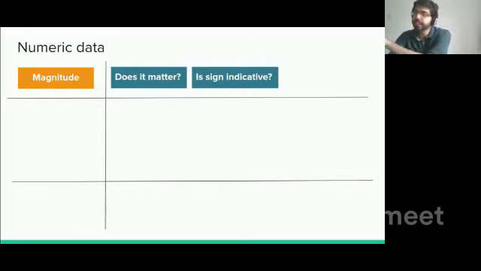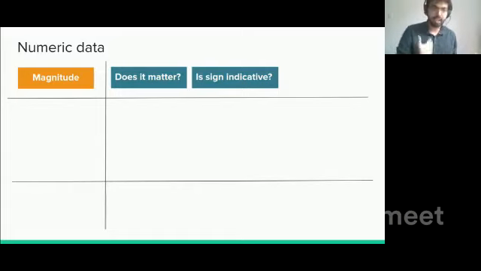It would be in categoric data, but I'm just saying it now because it just came up. So in that case, sign is indicative. Sign is indicative of this being a value that is not supposed to be part of the expected distribution.